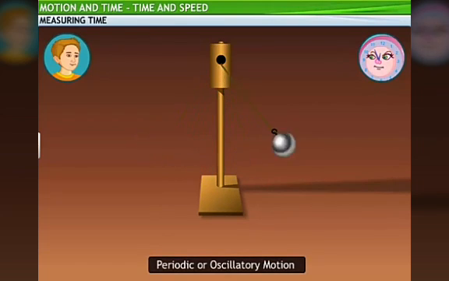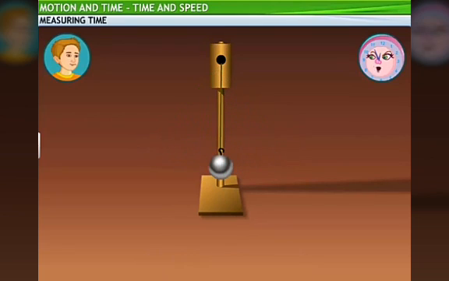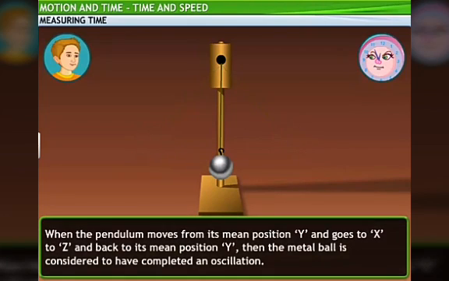When the bob is moving to and fro, note the farthest point it reaches on the left and the right sides before it swings back. Let the extreme point the bob reaches on the left be X, and the extreme point on the right be Z. When the pendulum moves from its mean position Y and goes to X to Z, and back to its mean position Y, then the metal ball is considered to have completed an oscillation.